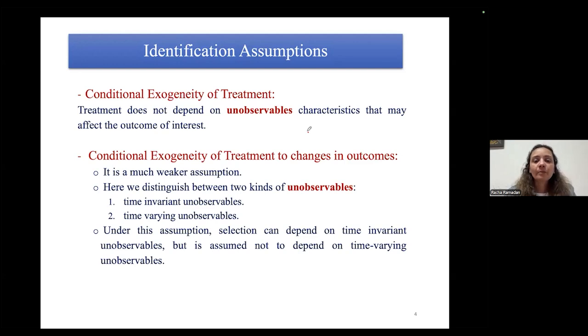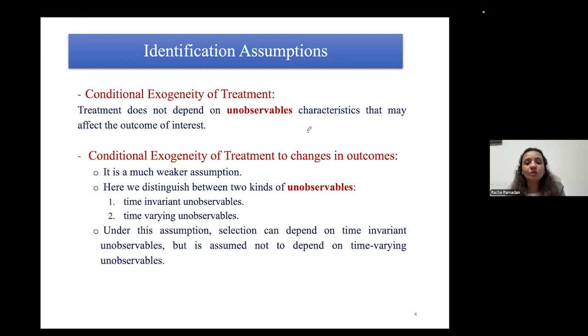We have a weaker assumption, which is the conditional exogeneity of treatment to change in outcomes. This condition states that we can differentiate the unobservable characteristics into two kinds. We agree that we have unobservable characteristics affecting the selection into the treatment. Some of these unobservable characteristics can vary over time, and others do not.